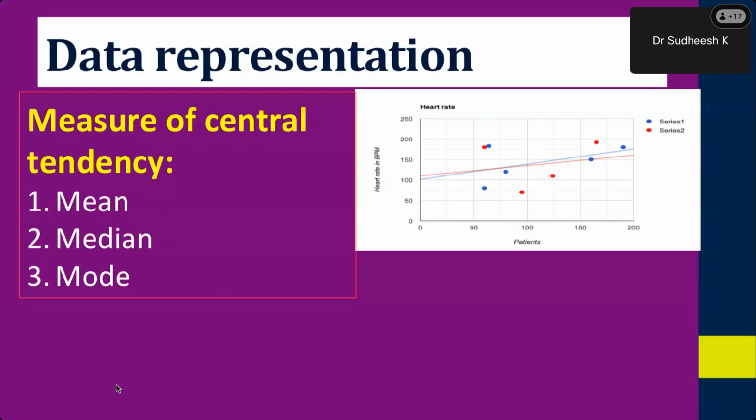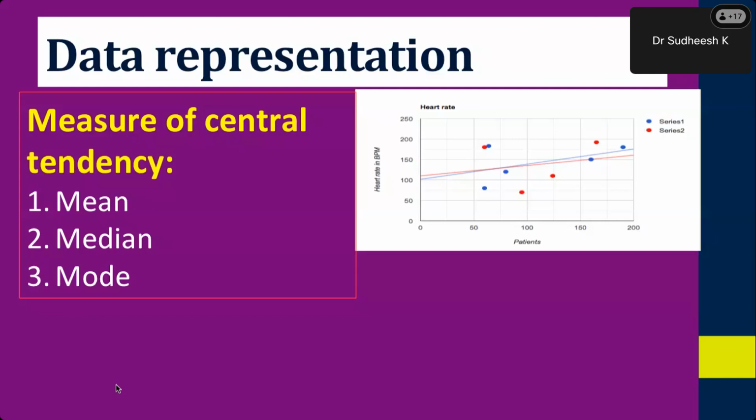The central point is nothing but the point which represents the center of the whole set of data. Let us say, for example, you are collecting data of the age of 30 patients. Let us say it goes like this: 18, 25, 23, 24, 23, 21, 22, like that. So the entire 30 patients' ages go like that.